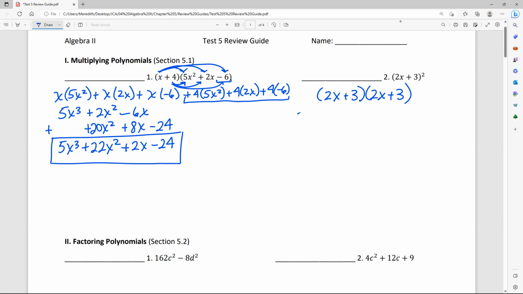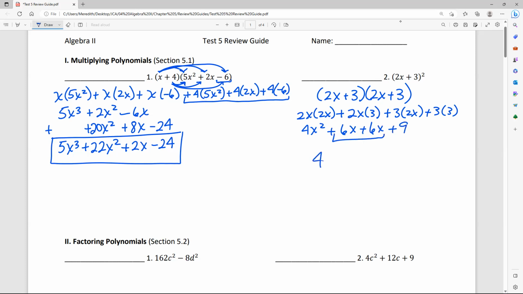So this is 2x times 2x plus 2x times 3 plus 3 times 2x plus 3 times 3. And now we can continue to simplify. So 4x squared plus 6x plus 6x plus 9. And we can then combine these and we end up with 4x squared plus 12x plus 9.